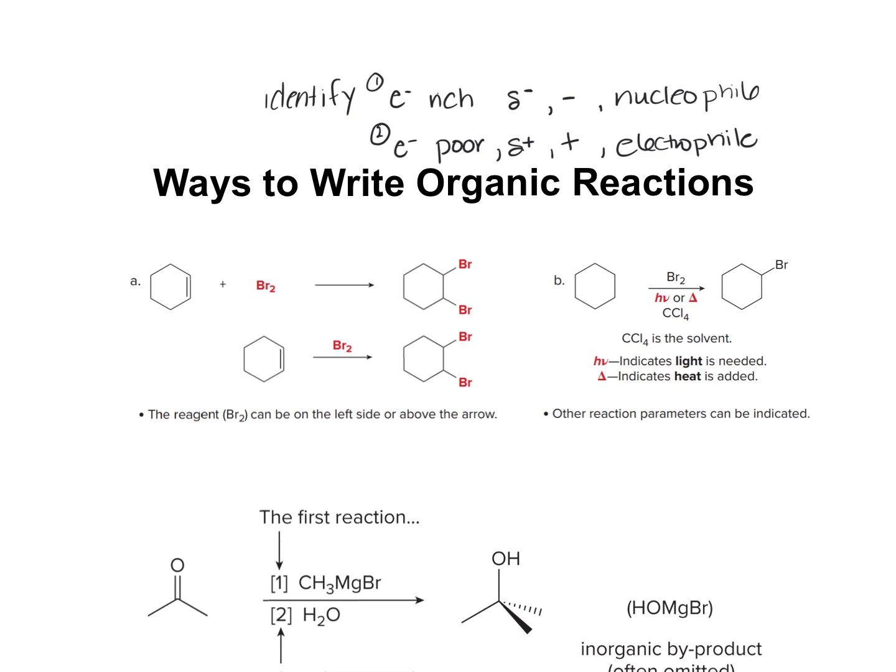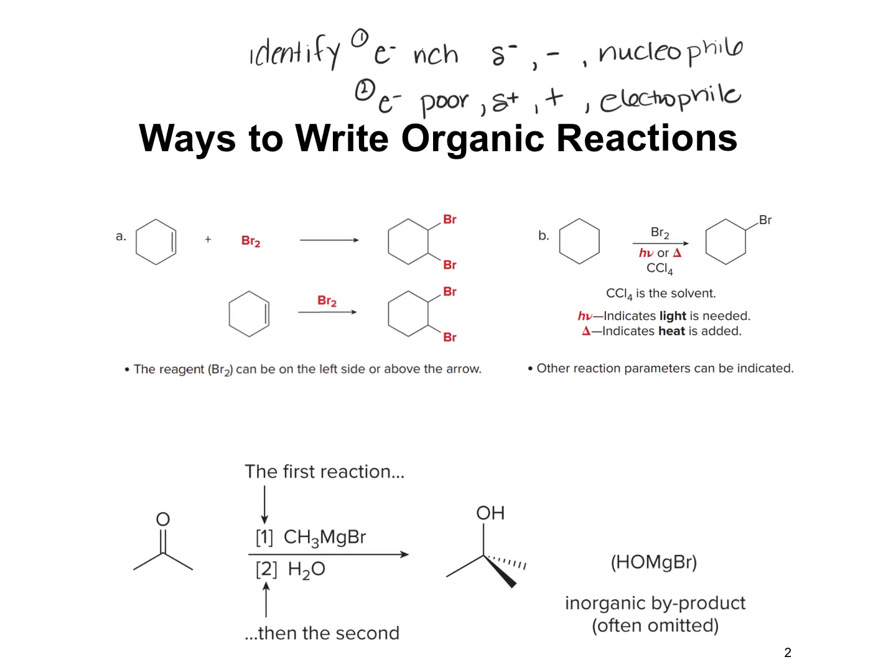Now, let's look at different ways that we write organic reactions. An equation for organic reactions is usually drawn with a single reaction arrow between the starting material and product, even though we know that there's an equilibrium that can be established there. You can write the reagents either with the organic molecule or above the arrow. It means the same thing.